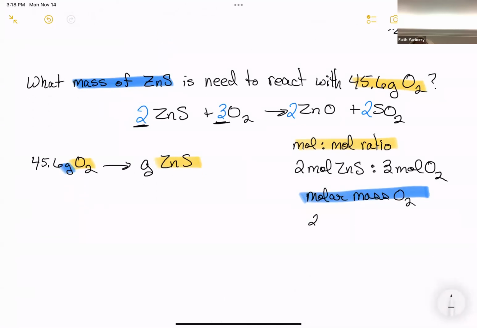We have 2 oxygens at 15.9994 each, which means we have a molar mass of 31.9988 grams of oxygen is equal to 1 mole of oxygen.